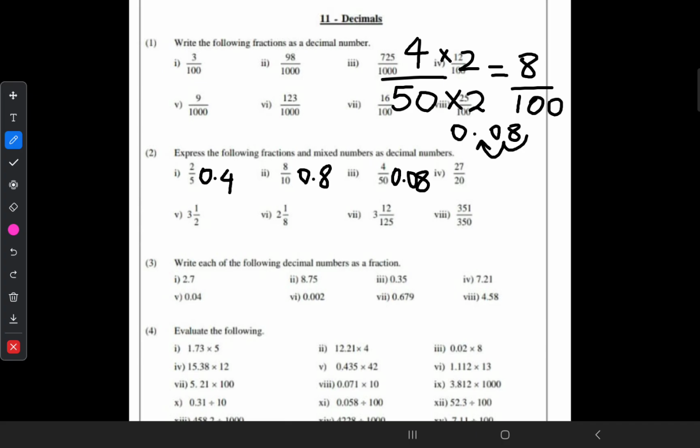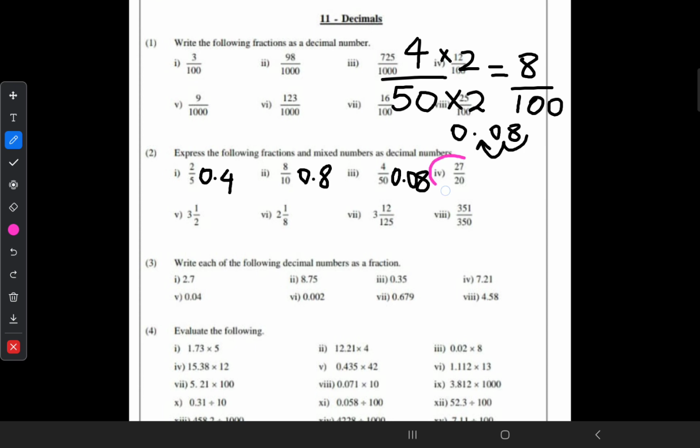Okay. For the next one, 27 divided by 20. Let's see that one here. For that, first of all, you should convert the improper fraction to a mixed fraction. That's your first task. I explained this in our explanation classes. You should convert your mixed fraction to an improper one.